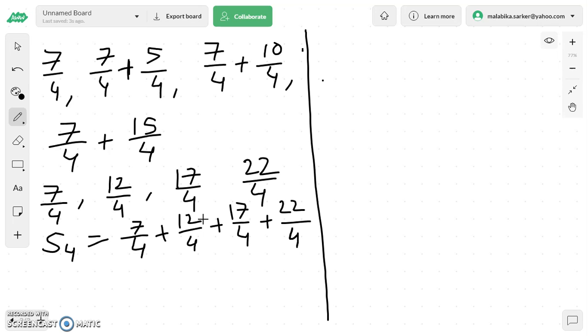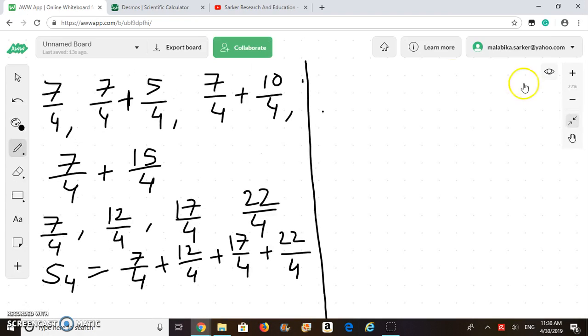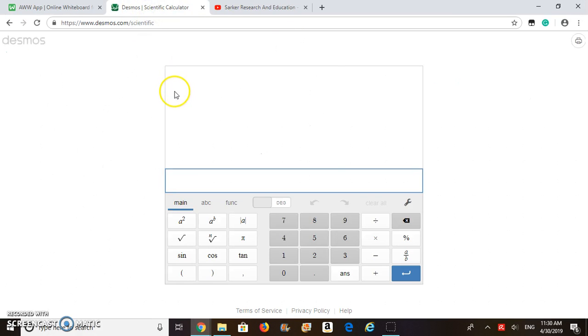Let us just do that in the calculator. So we are adding 7 plus 12 plus 17 plus 22, which is 58, right?